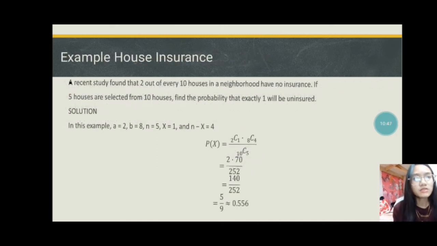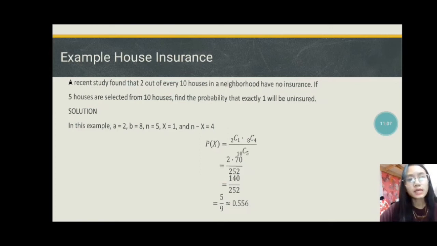For example, the house insurance. A recent study found that 2 out of every 10 houses in the neighborhood have no insurance. If 5 houses are selected from 10 houses, find the probability that exactly one will be uninsured.